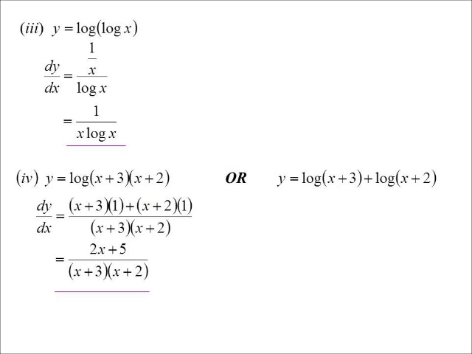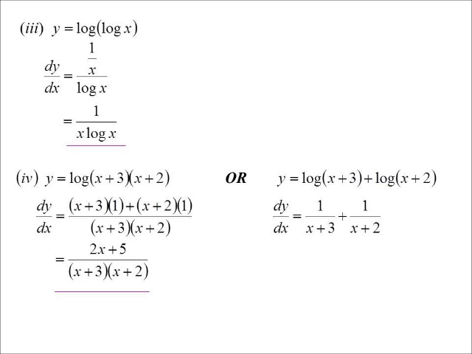Or, again, I could use my log laws and break that up into 2 logs. So that's the log of x plus 3 plus the log of x plus 2, which actually gives me 2 functions that are very easy to differentiate, because the derivative of x plus 3 is just 1, as is the derivative of x plus 2. And so you've got 1 on x plus 3 plus 1 on x plus 2, which is the answer.